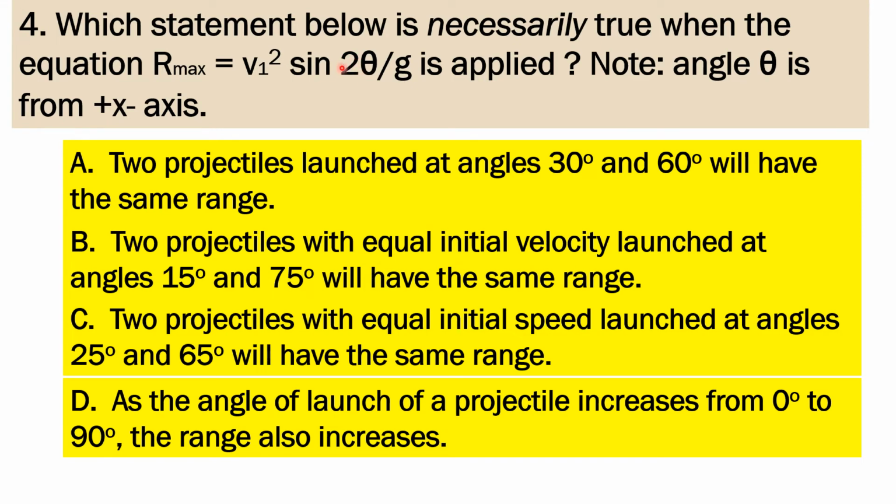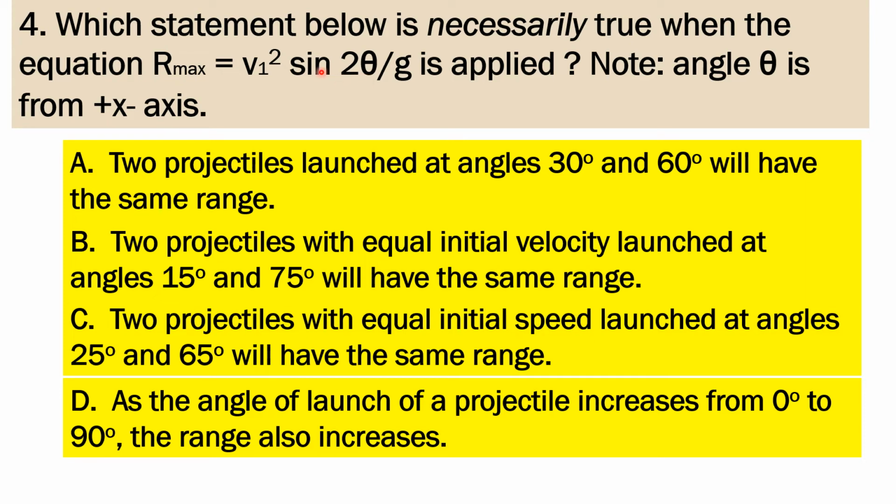That is what we mean by sine 2 theta. Then divide it by g. So assuming that the value of Vi is constant, the only thing that differs between two projectiles is the angle of launch.